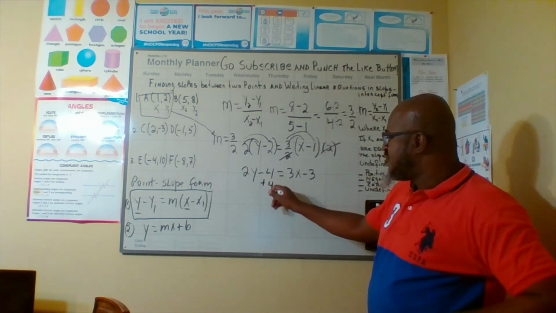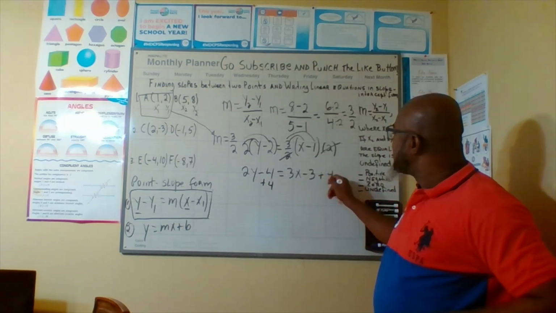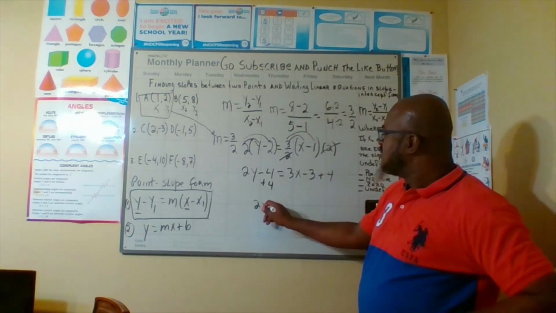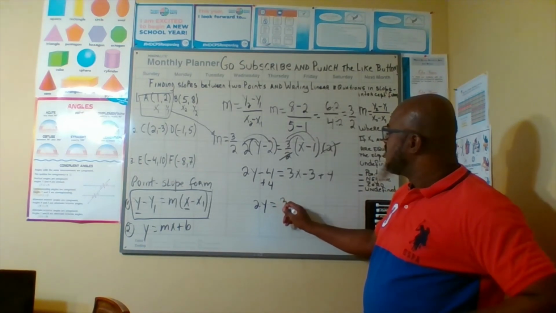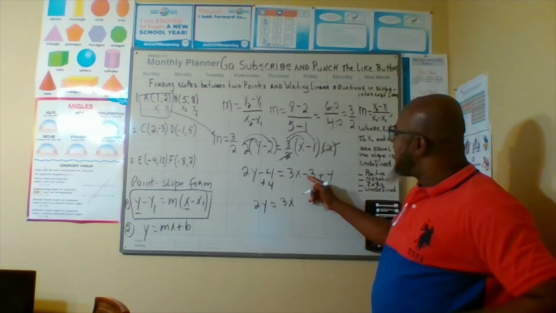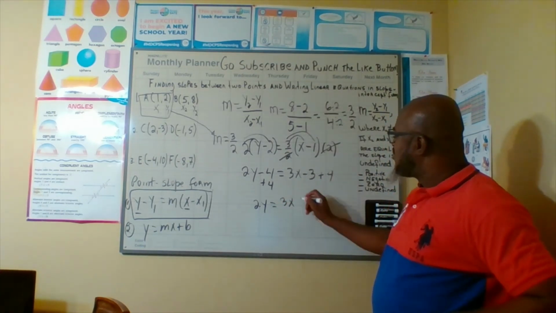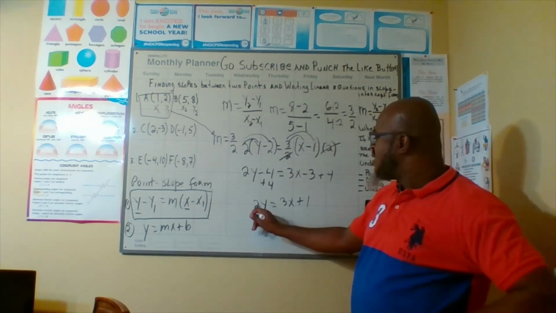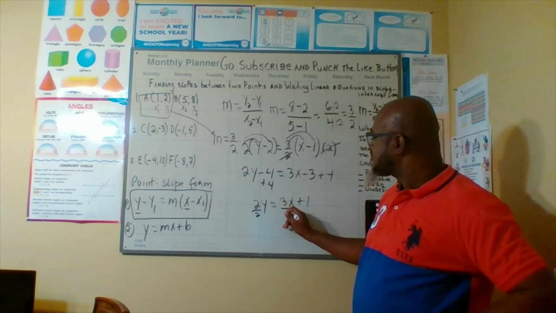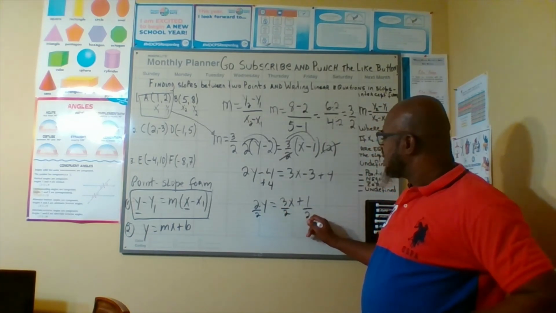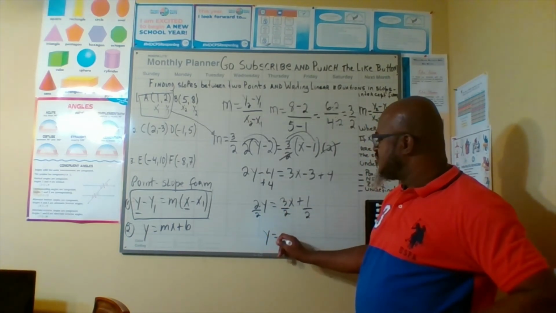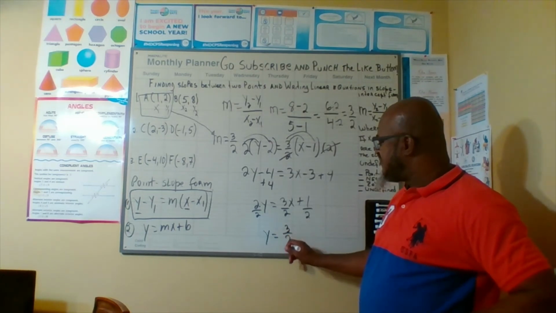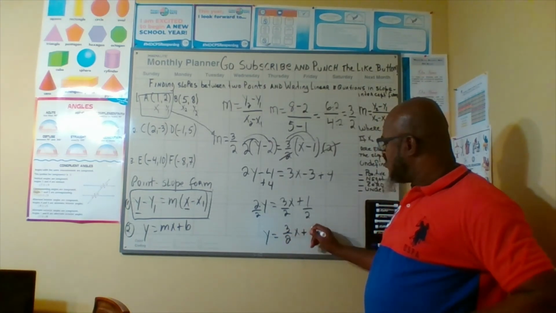Now the only thing you have to do is get y by itself, so divide by 2. Then you will end up with y equal 3/2 x plus 1/2. And this is our equation in slope-intercept form. Right? This is the slope, 3/2, and this is where it's going to touch the y-axis, at 1/2.